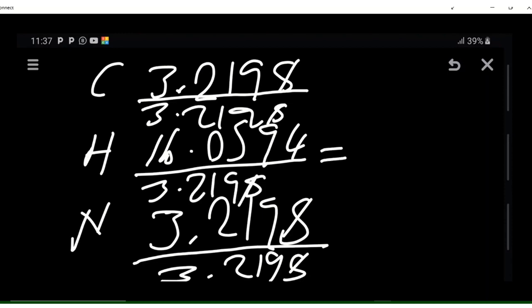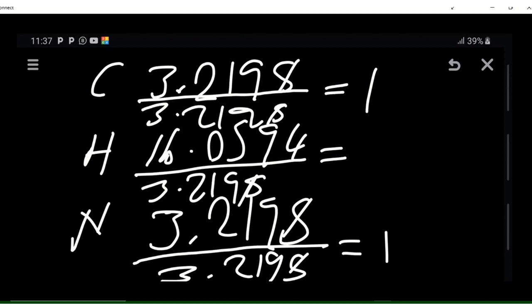It's just giving me 1 here, and 1 here. Let me do that one with my calculator. 16.22 divided by 3.2198 gives 4.98. This is not bad.